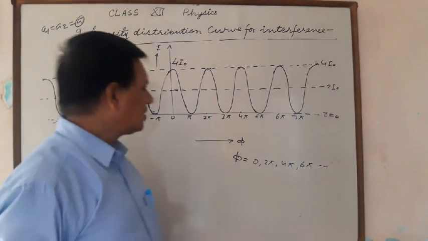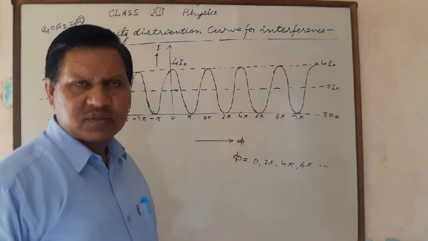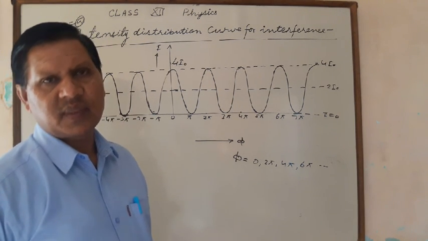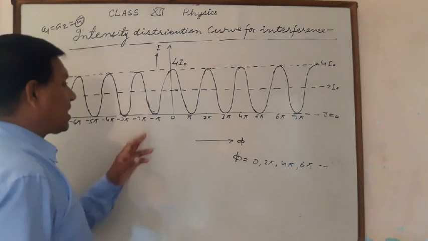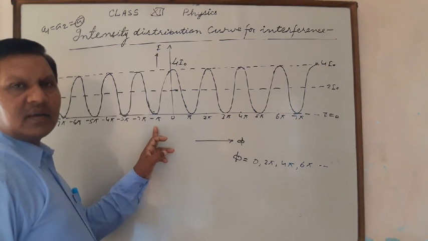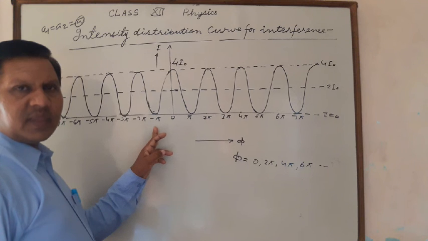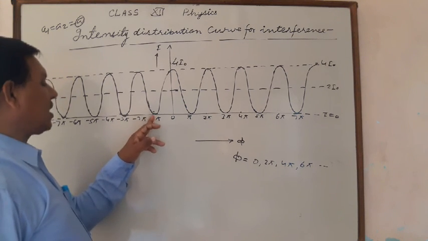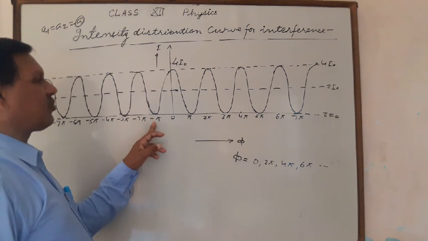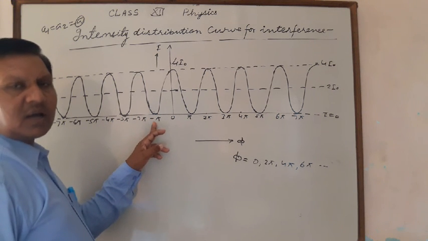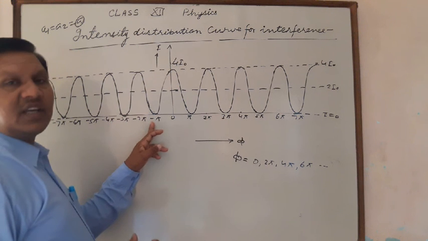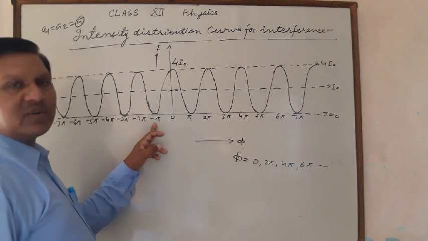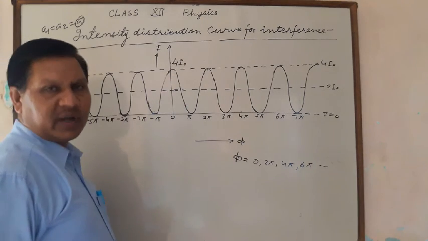So we can say that interference is produced due to redistribution of energy. Hence in case of interference, energy is transferred from the minimum intensity point to the maximum intensity point.